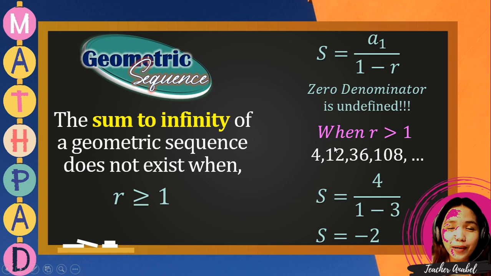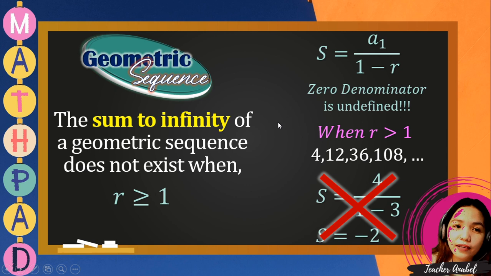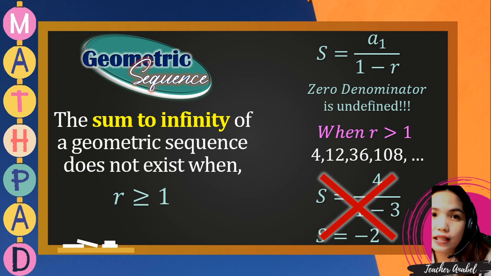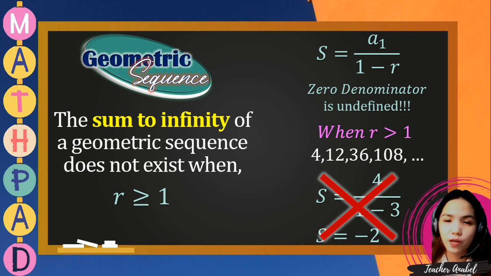So, pwede ba yun? Na kapag ini-add natin ito to infinity, negative ang sagot? Mali, di ba? So, kaya hindi natin pwedeng gamitin ang sum to infinity formula when r is greater than or equal to 1. So, it does not exist for such sequence wherein the ratio is greater than or equal to 1.